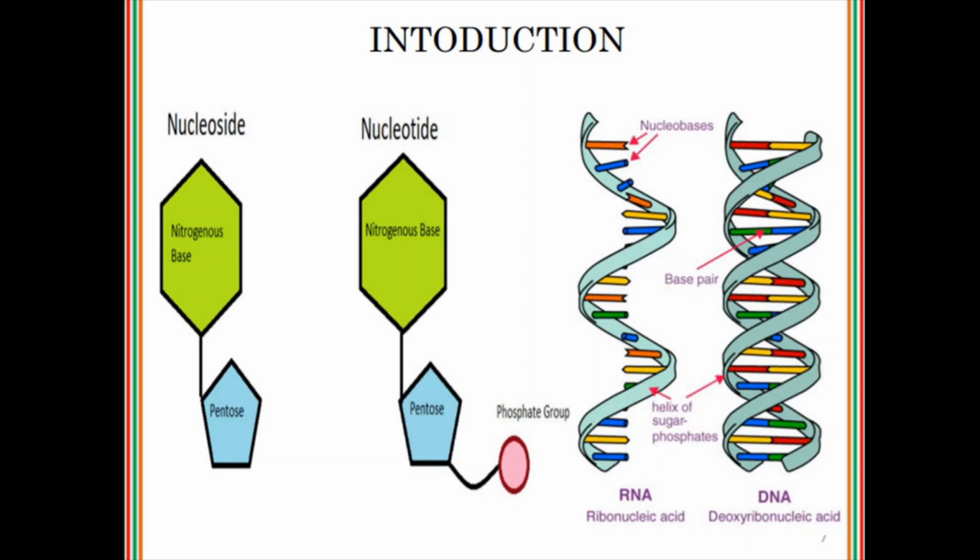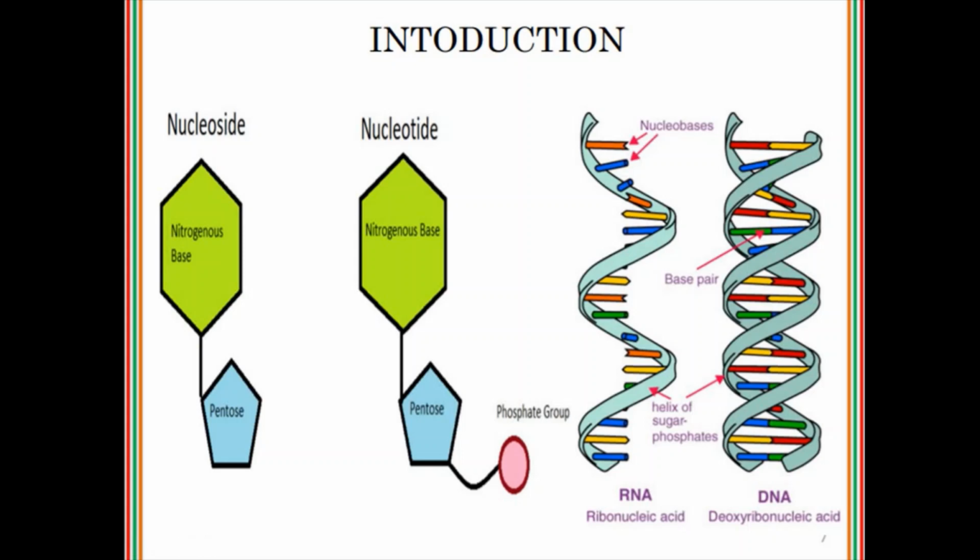Our examples of nucleic acids are DNA, which is called deoxyribonucleic acid, and RNA, which are your ribonucleic acids. So nucleotides build up our genetic material, which is your DNA and your RNA. There's going to be a video where we'll be looking at DNA and RNA and their characteristics.